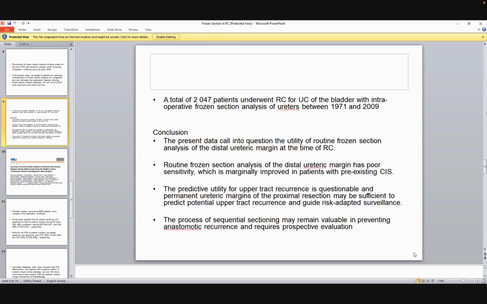Tell me which part of the world this is very common. Left side, right side, upper tract, lower tract. Which part of the world is it very common? But not that bad. There's always a balance. God has given a balance.